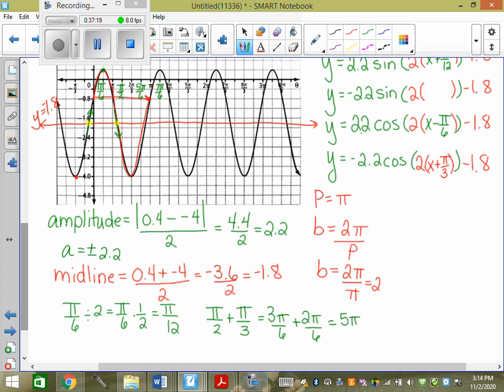Then I have to divide it by 2 because it's the average. And dividing by 2 is multiplying by a half. 5 pi over 12 to the right. So it's x minus 5 pi over 12.